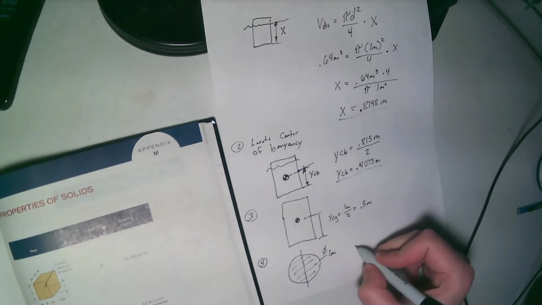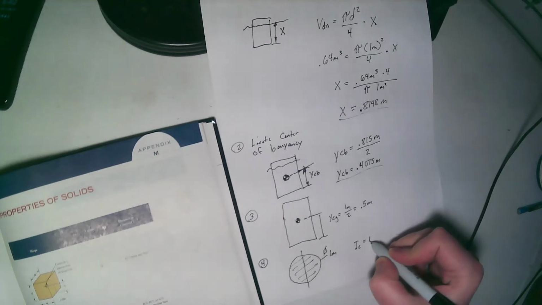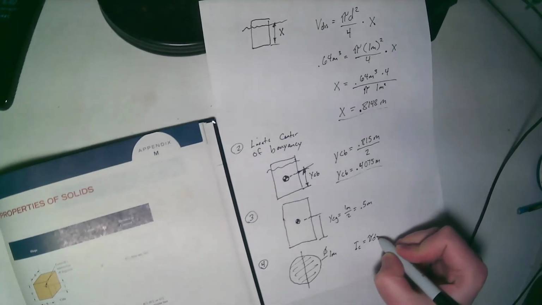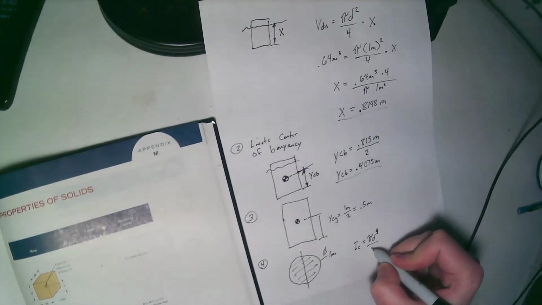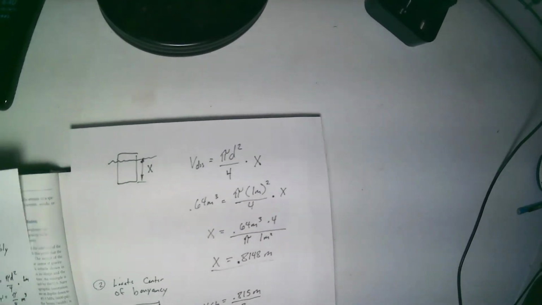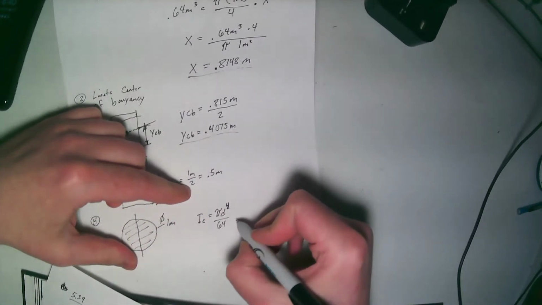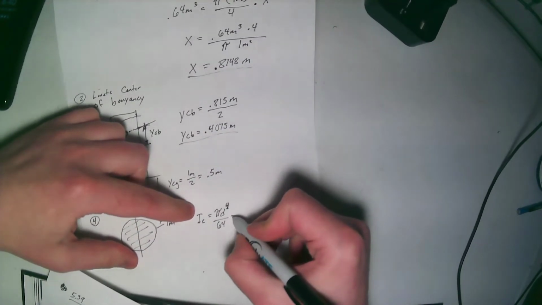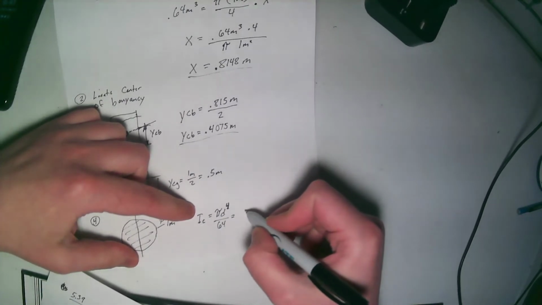So we have moment of inertia, IC, equals pi times d to the 4th divided by 64. Alright, so we want to solve for a moment of inertia. Well, 1 to the 4th power is 1 meter to the 4th, right?